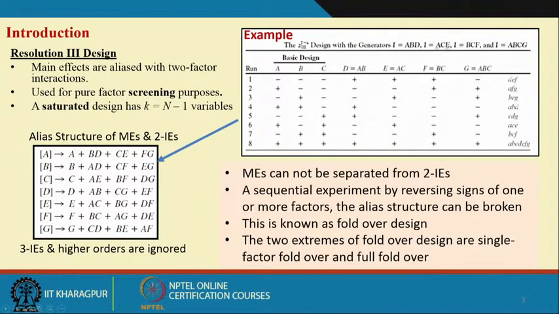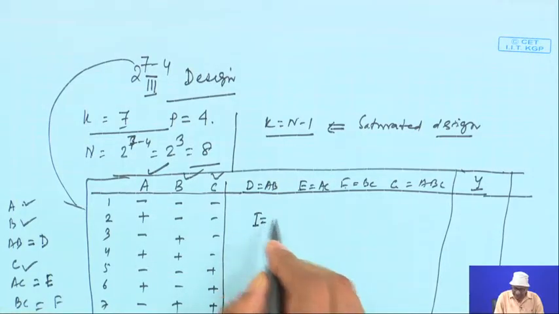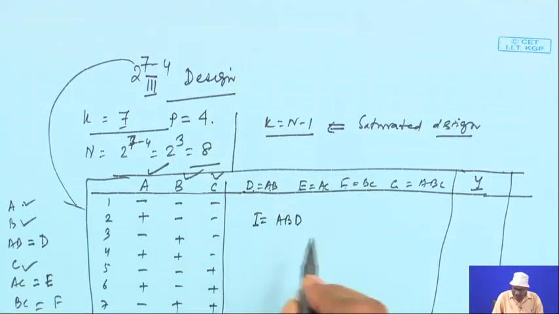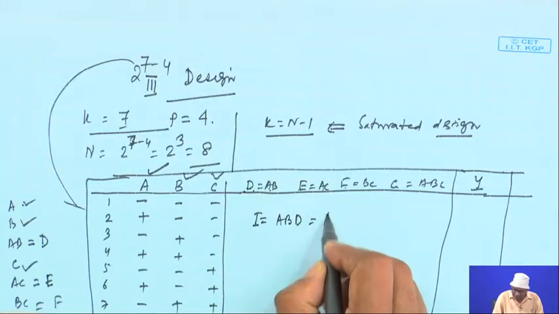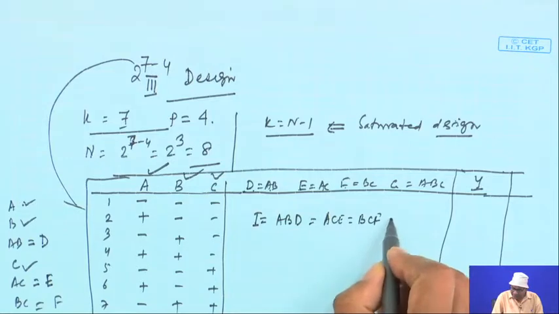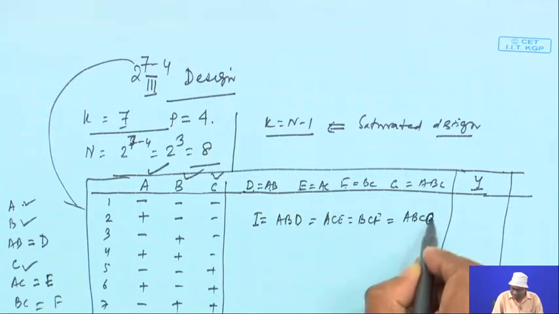It is obviously a resolution 3 design, because if you find the defining relation, from D you get ABD, from E you get ACE, from F you get BCF, and from G you get ABCG.